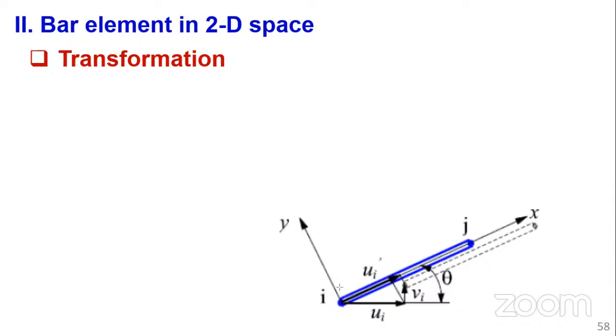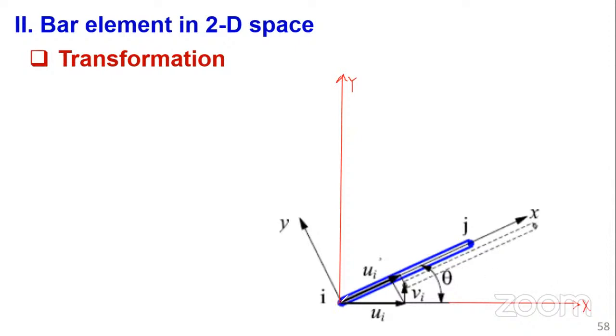Let's first plot the global coordinate system. This one is the capital Y, and this is the capital X. So we are going to transform all the components into this coordinate system.